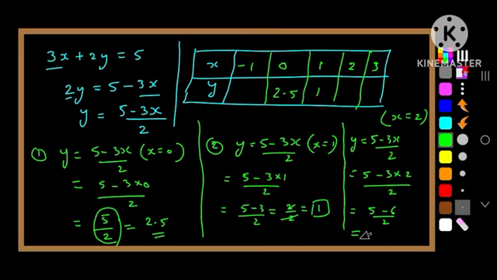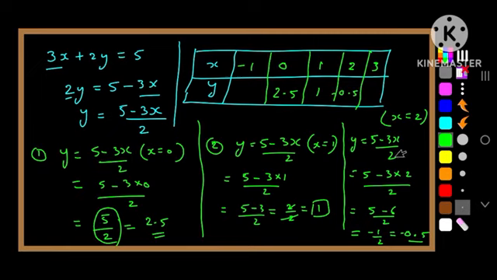So 5 minus 6 is nothing but minus 1 by 2. So minus 1 by 2 is nothing but 0.5, that is minus 0.5.